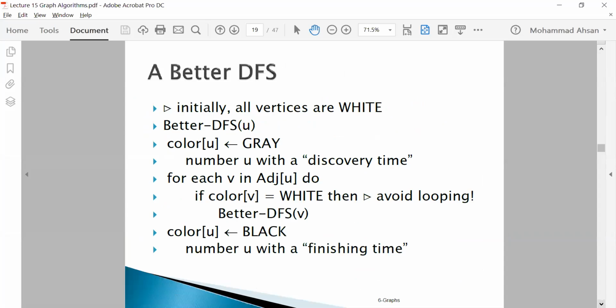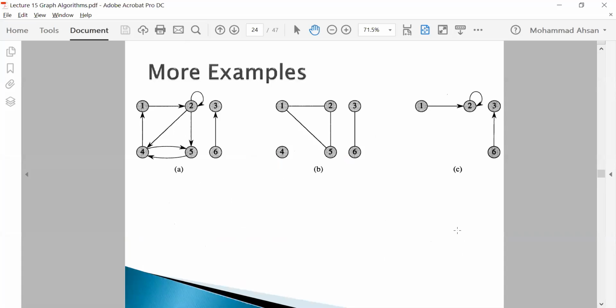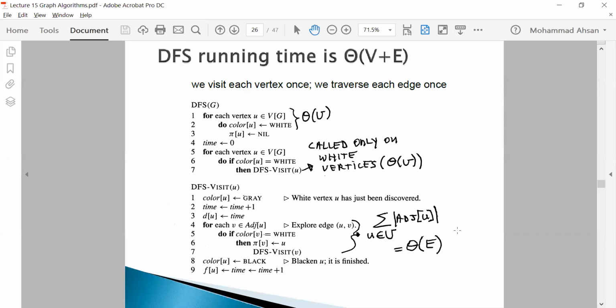So we did depth first search on graphs and we were discussing the runtime. If you look at the algorithm here in this slide, for every vertex, you are checking the adjacent vertices or the edges, and whenever you find that an adjacent vertex is gray or black, you do not consider that for traversal.